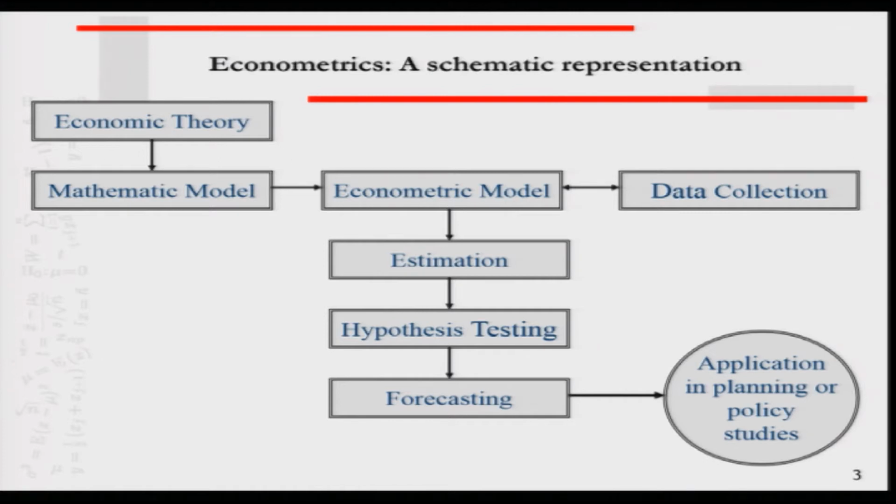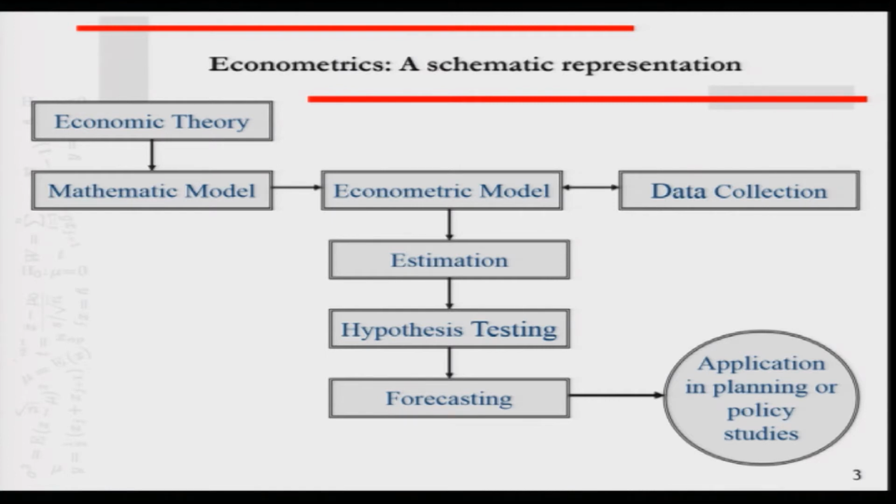Then you start developing an econometric model, and once you have a statistical equation, we will see soon what these things are, or how they look. Once you have a certain equation, then you collect data, and the data will contribute to the estimation of your econometric model. What do I mean by estimation? If you remember from the previous lecture, I talked about the difference between population parameter and sample statistic and simple random sampling.